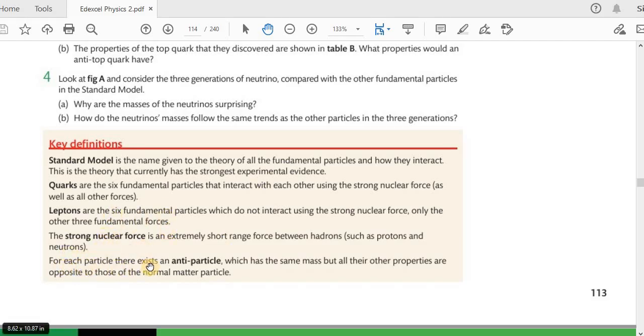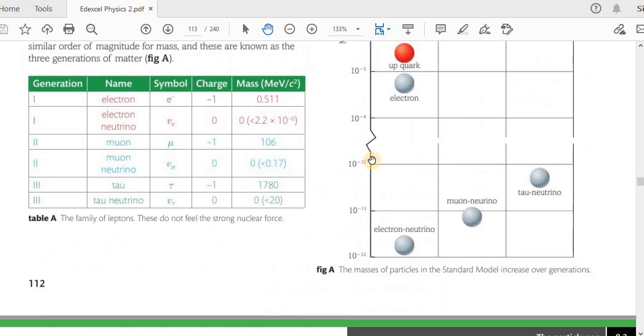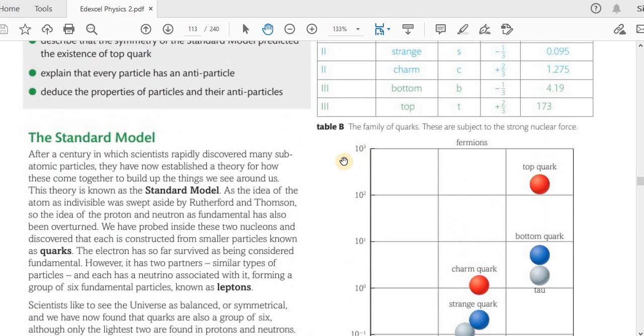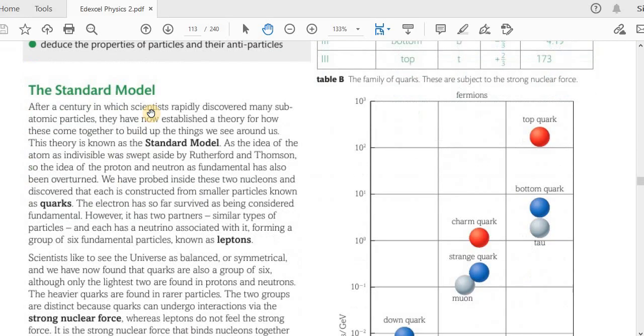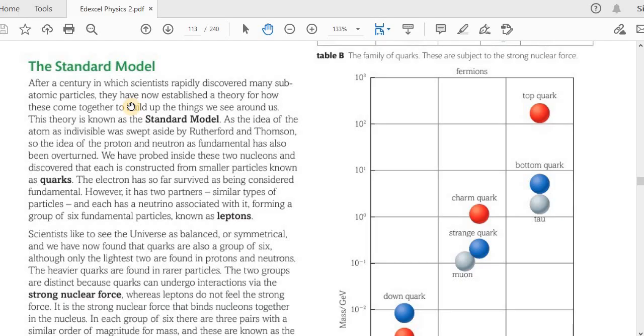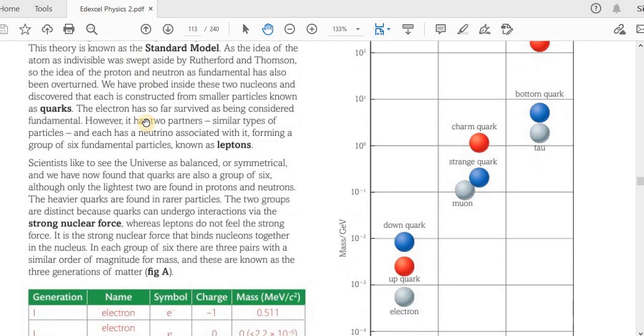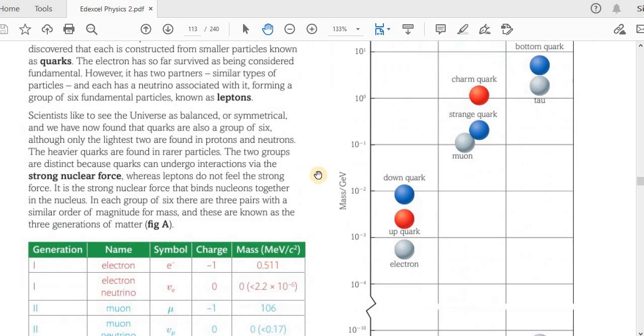For each particle there exists an antiparticle. So for every particle we have an antiparticle. This was mentioned, I think, previously also. In the beginning we saw that for every particle there is an antiparticle. Let's quickly try to trace it somewhere here. Okay, so it's there somewhere here. You can see properties of particles and their antiparticles.